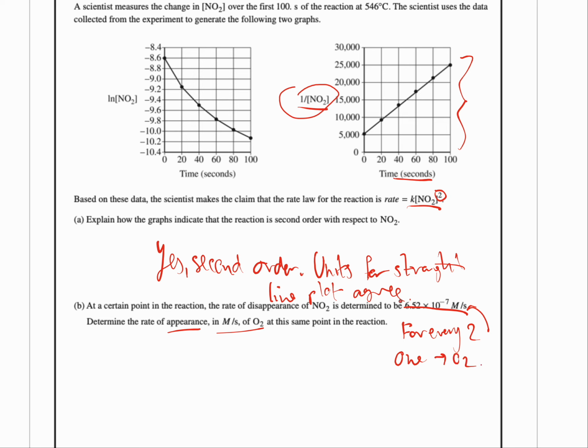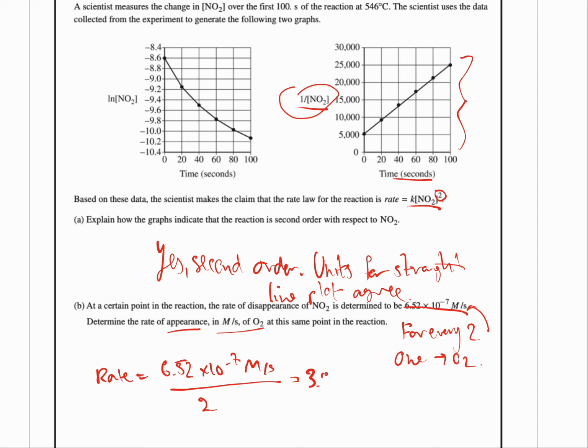What does that mean? Well, we can just divide this by 2 to get the rate of appearance. So rate equals 6.52 times 10 to the negative 7 divided by 2. Don't forget your units. I think you can lose points for that. You can use a calculator for this, I imagine, on the AP Chemistry exam. If I remember correctly, I used a calculator for mine. Or you can go through the process of dividing this.